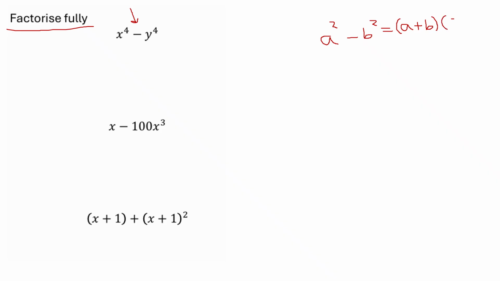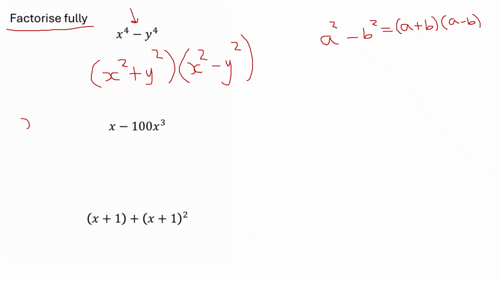Because they're even powers. So I can write it as x squared plus y squared multiplied by x squared minus y squared. If you're unsure as to why this is, x to the 4 I can write as x squared all squared, and y to the 4 is just y squared all squared.